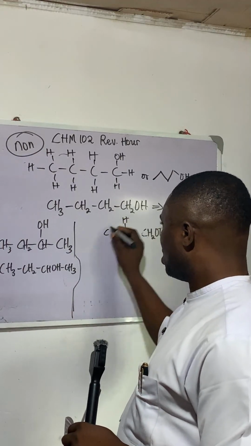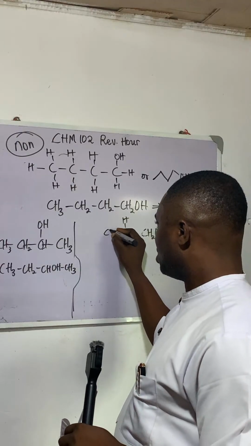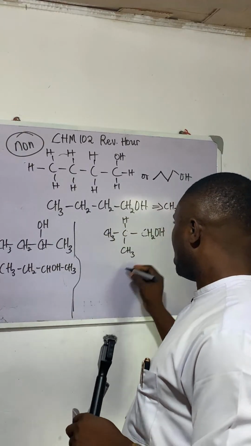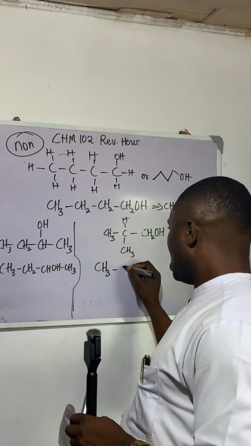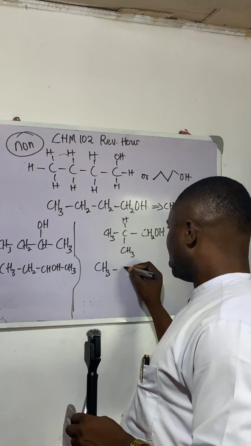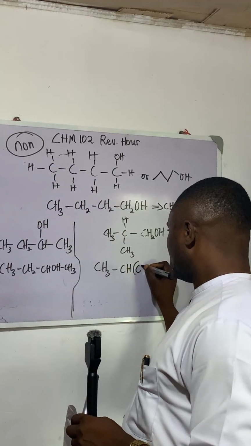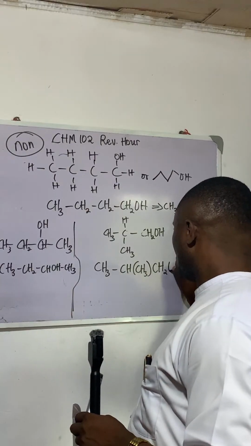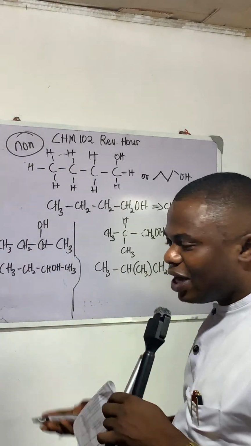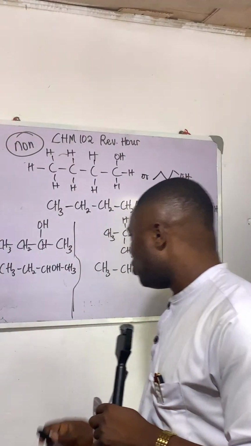And here should be hydrogen. And here should now be CH3. Now, normally, if I want to condense this, it becomes CH3, CH, CH3, then CH2OH. This is another isomer of butanol.